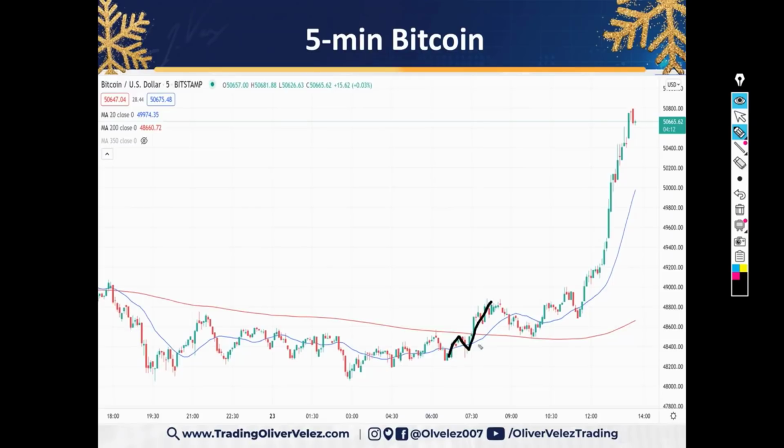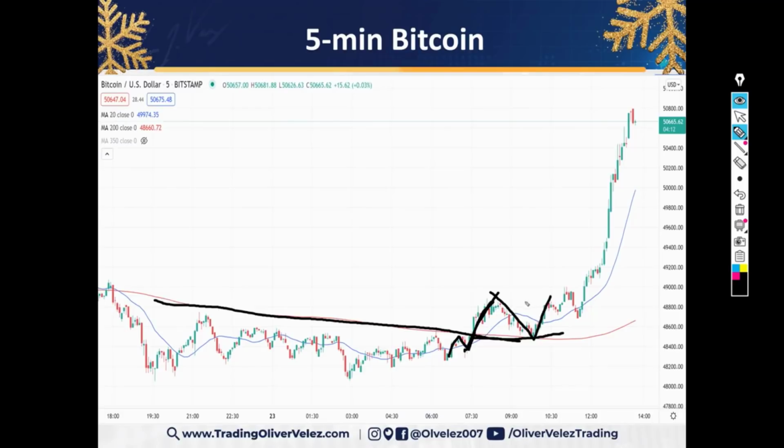Boom. Now the 20 overpowers the 200 at this point. Now, remember I told you that the 200 is a ceiling. But if the 20 propels your item high enough above, then what was the ceiling becomes the floor.